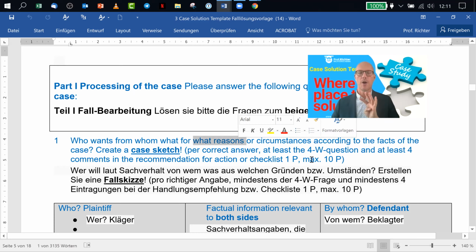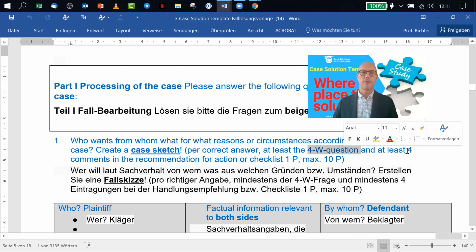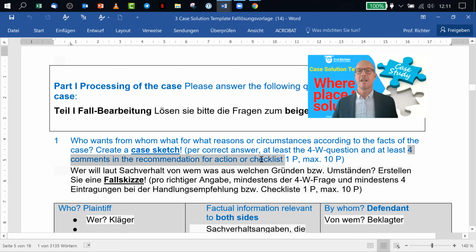These are the 4W, and at least I want you to give me these 4W questions and comments in the recommendation for action or checklist. That means you will get 1 point for the right W question and 1 point for the action or checklist. And so we have 8 points for the other things, right?